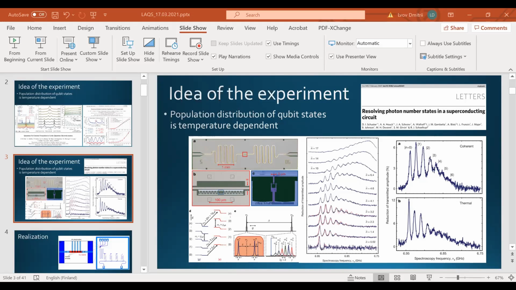I just wanted to mention that there is this theoretician Gershon Kurizki who has some proposals for enhanced precision of low temperature thermometry. I mean, this is the first part. That's why I think this whole session was organized: what are the ways of really determining this population effectively in the measurement.